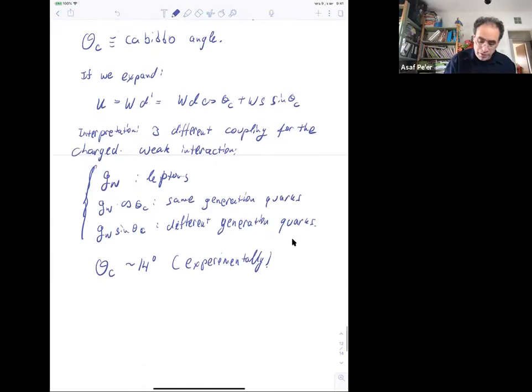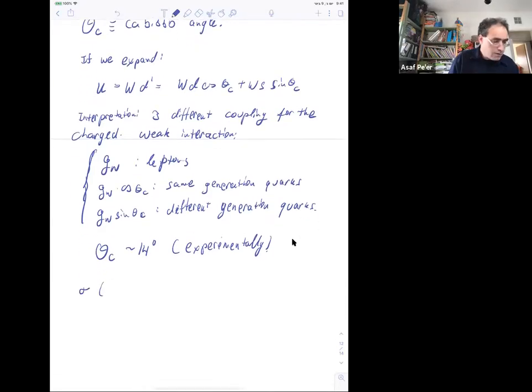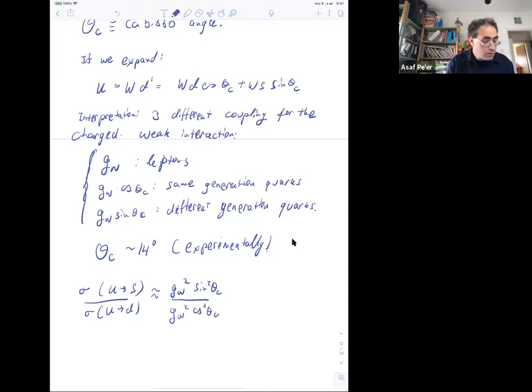So the ratio between the cross sections, sigma of, let's say, up decaying into S versus sigma of up decaying into a down, should go as G weak squared sine squared theta Cabibbo divided by G weak squared cosine squared theta Cabibbo, which is approximately 0.05 divided by 0.95, or about 1 in 20.